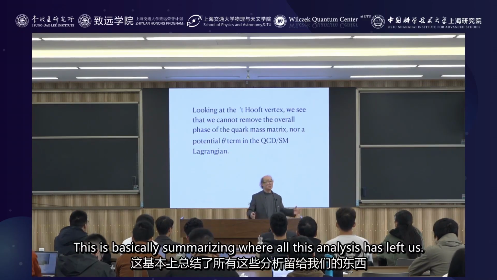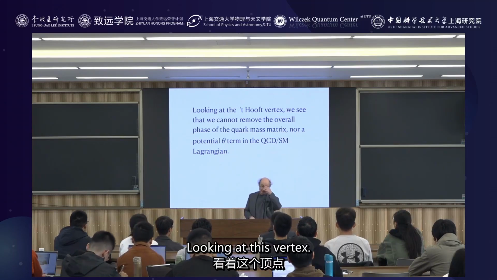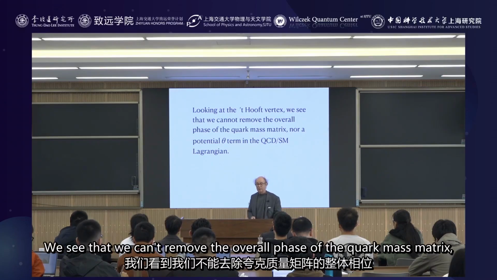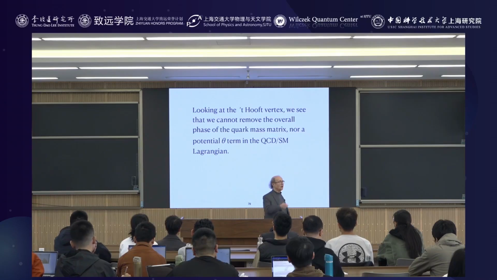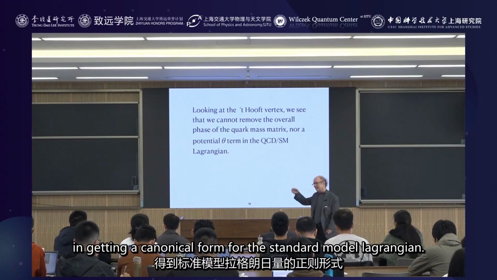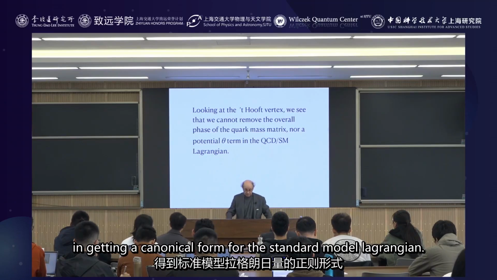This is basically summarizing where all this analysis has left us. Looking at this vertex, we see that we can't remove the overall phase of the quark mass matrix, which was part of our procedure in getting a canonical form for the standard model Lagrangian.